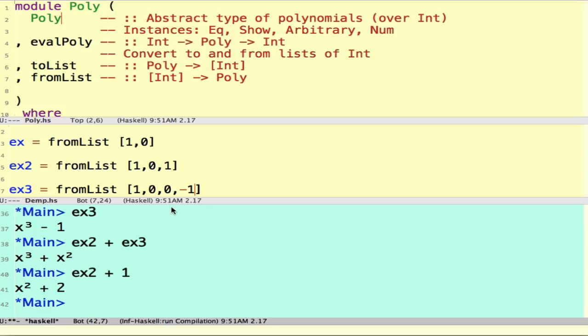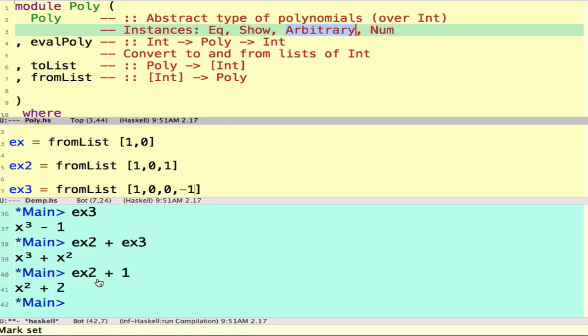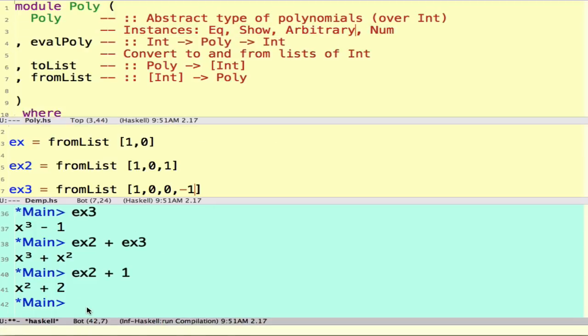Oh, there's one more thing. It's also an instance of class Arbitrary. So that means we can, for example, sample arbitrary at type generator for polynomials.